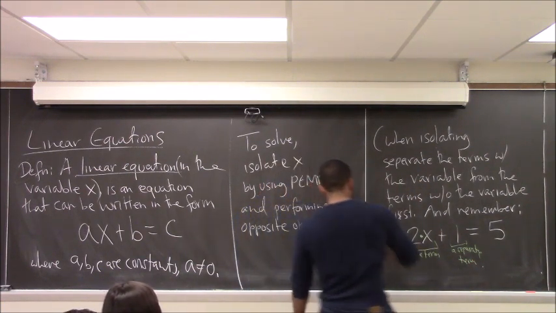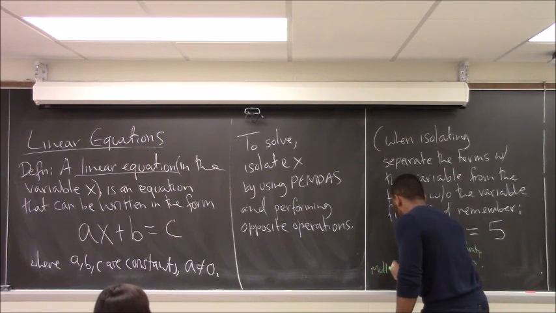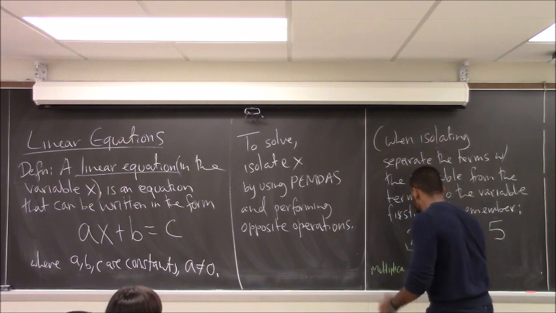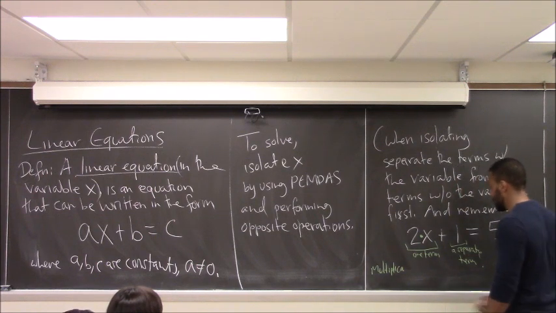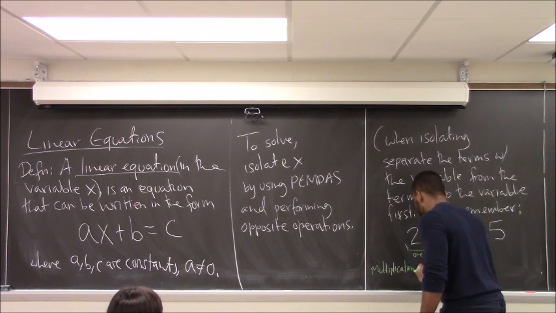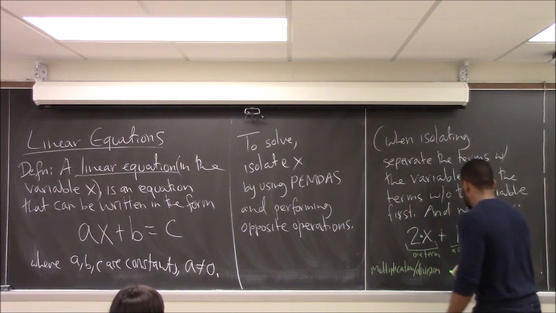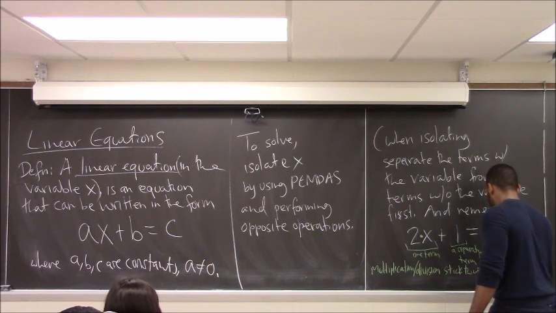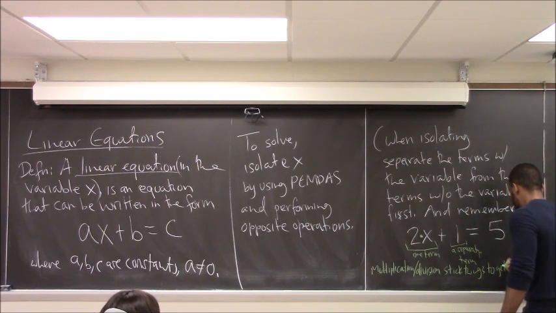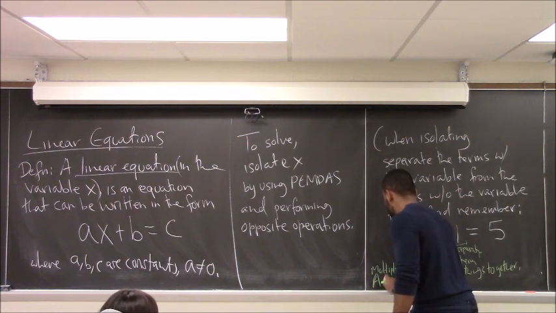So you think of multiplication as these things stick things together, like they're like glue, while the plus and the minus, they separate things. Multiplication slash division stick things together. Addition, subtraction, separate.